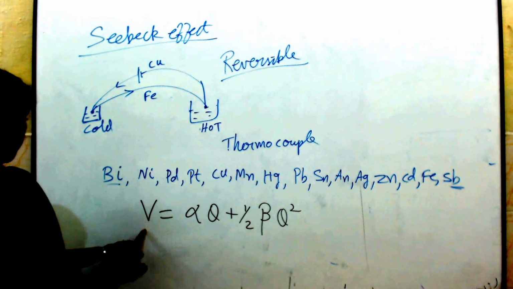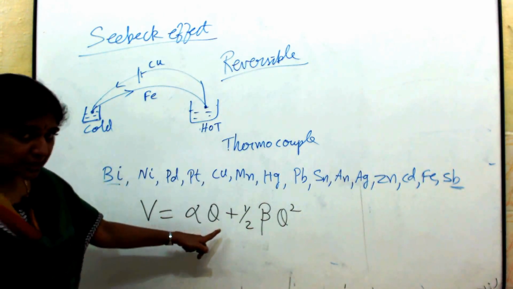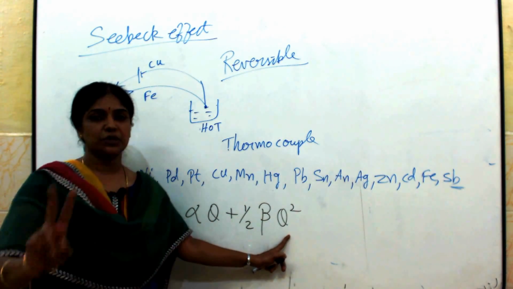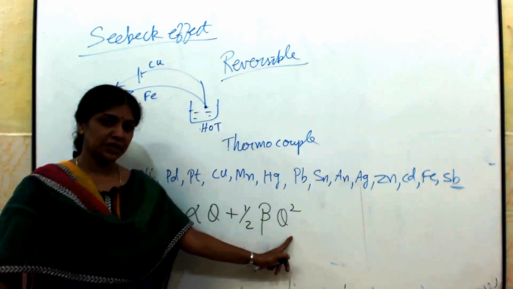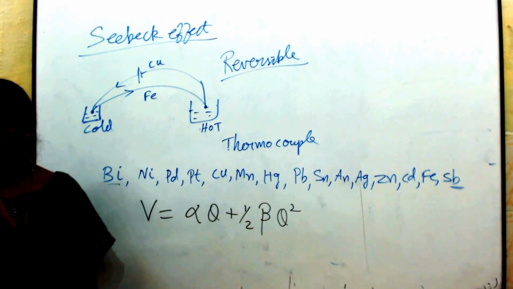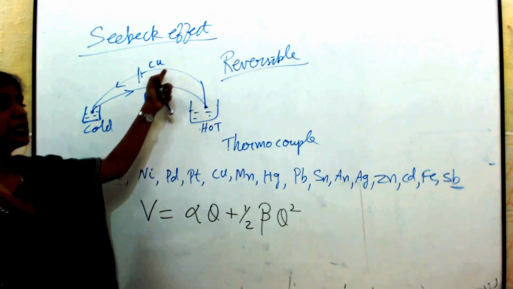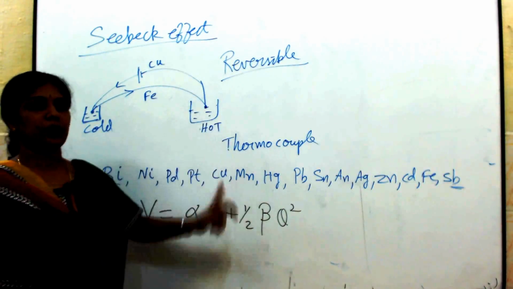This thermo EMF produced in a thermocouple depends directly on the temperature difference between the two junctions. Theta is the temperature difference between the two junctions, and alpha and beta are constants. These constants depend upon the nature of the metals you choose for your thermocouple.